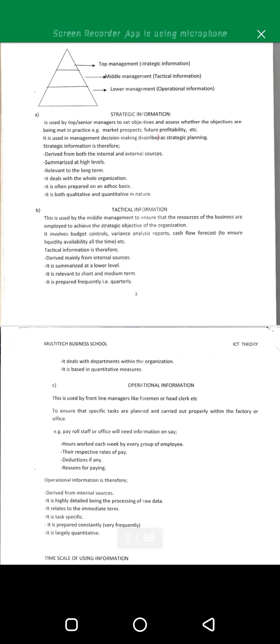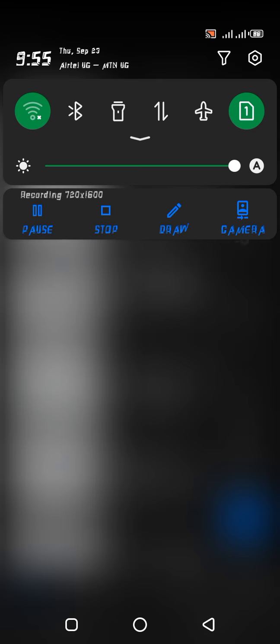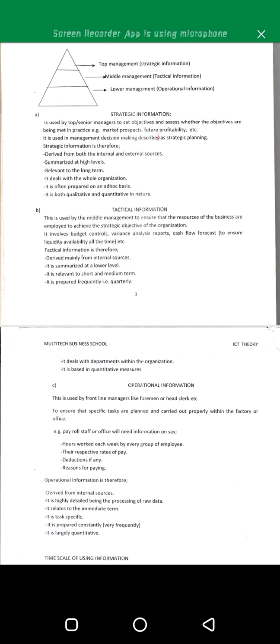Strategic information is also relevant to the long term. It deals with the whole organization. It is often prepared on an ad hoc basis.